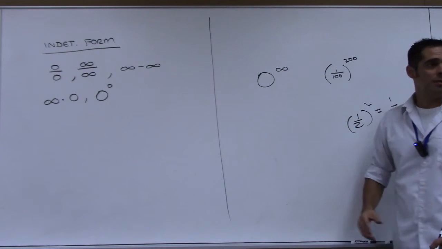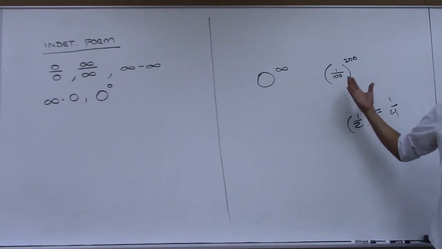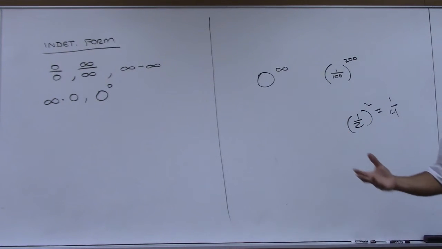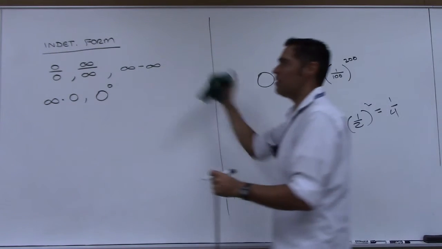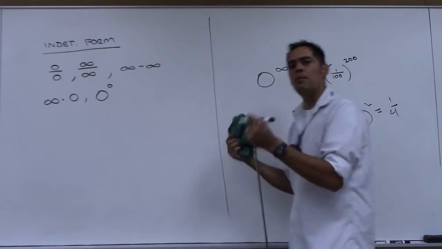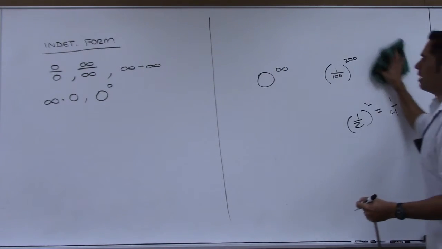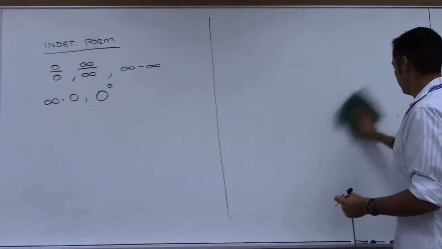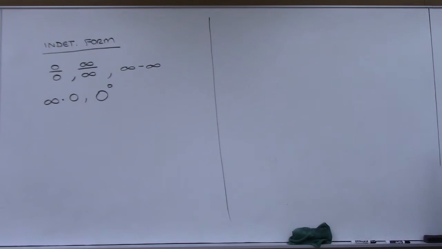This is not an indeterminate form. That's going to 0. There's no question. You got it? So we don't want to start throwing everything we can think of on this list. It has to be something we can't determine. That's not one of them. Can someone give me an example of one that would be on our list? Bounded would be, right?